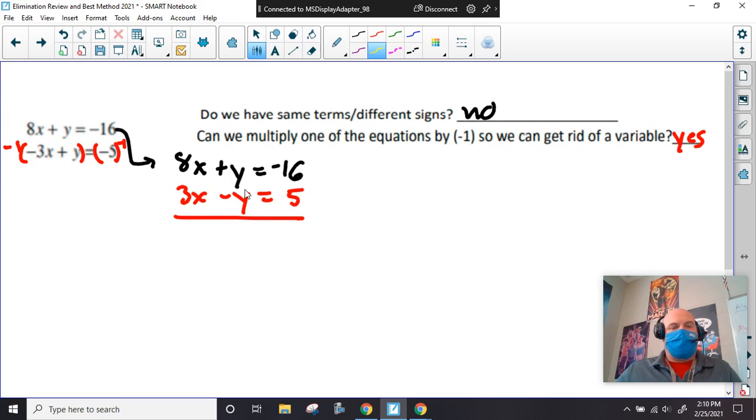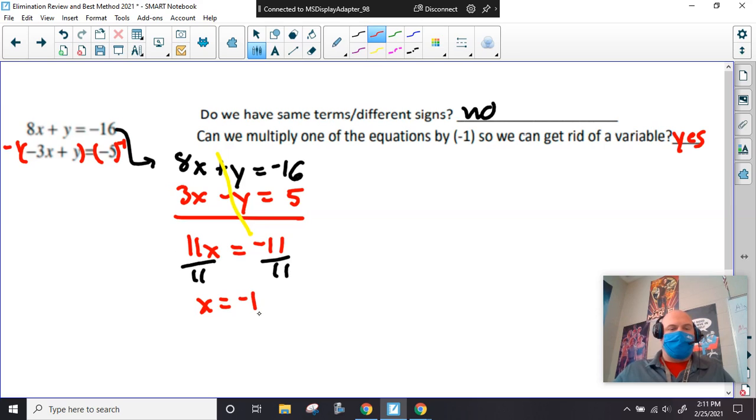So if we combine, yes, our y's cancel. That was the goal. I now have 11x equals negative 11, because all I did was combine in my little columns. If I divide by 11, I get x equals negative 1.